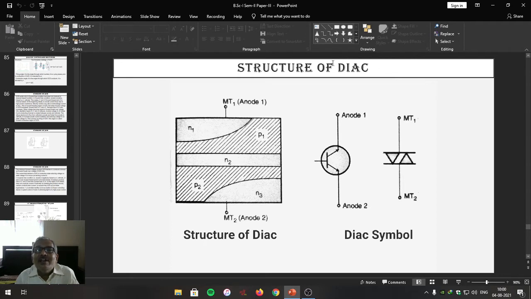This is the reason why DIAC is used as a triggering device. To trigger another device is the main application of the DIAC. The previous device we have studied, it was SCR, and it is a unidirectional device.